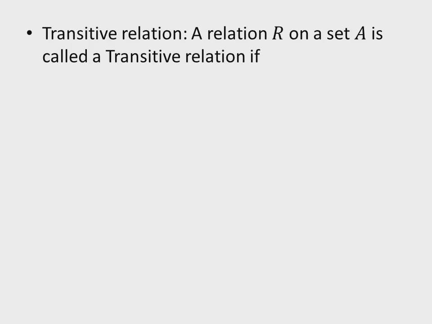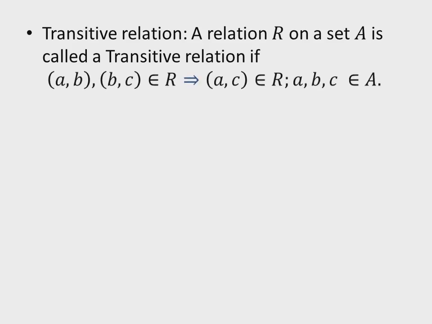Okay. The third type of relation is called the transitive relation. A relation R on a set A is called a transitive relation if, suppose a relates to b and b relates to c, that means a must relate to c, then only R will be called a transitive relation.